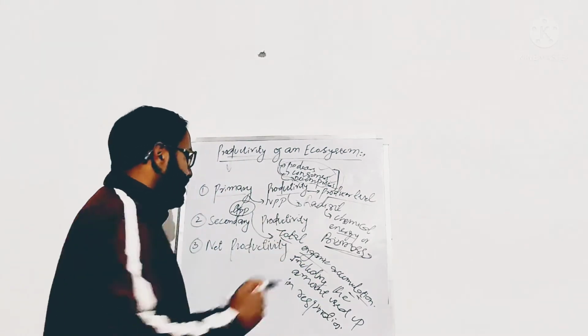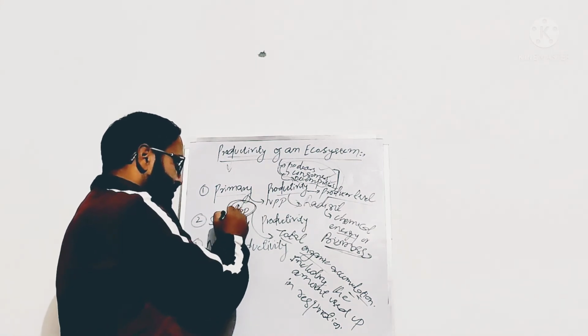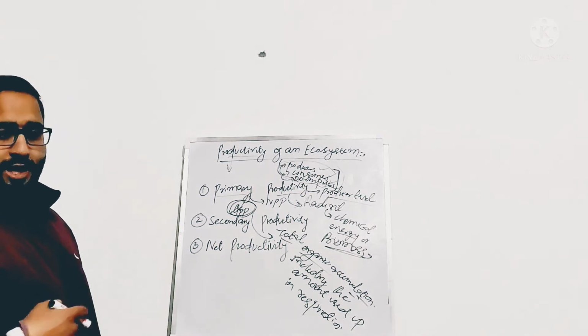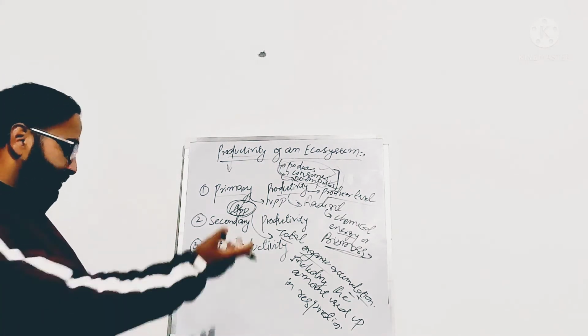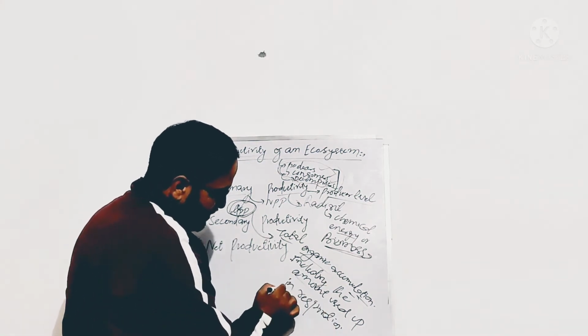So this gross primary productivity tells us about the total amount of organic matter that is being accumulated by the process of photosynthesis, including the amount which would be used in respiration.